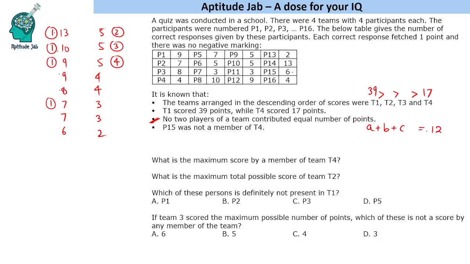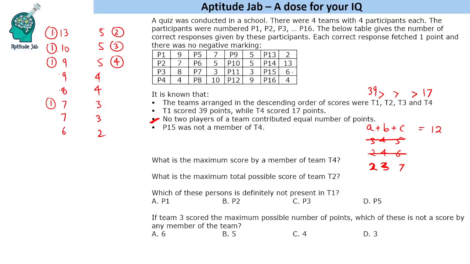Then how can you get 12? 12 could be 3, 4, 5, but 5 is already being used, so we cannot use it again. Then you can have 2, 4, 6, but 6 is not possible. Then we can have 2, 3 and 7.